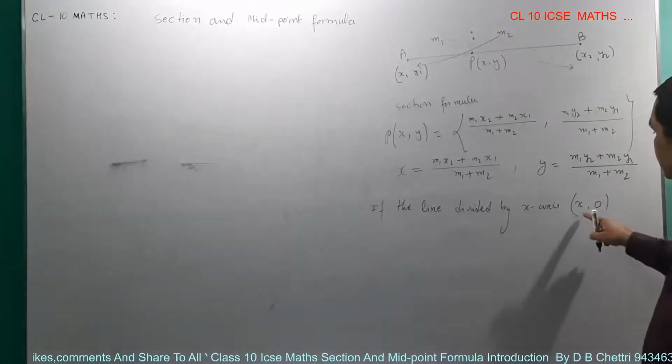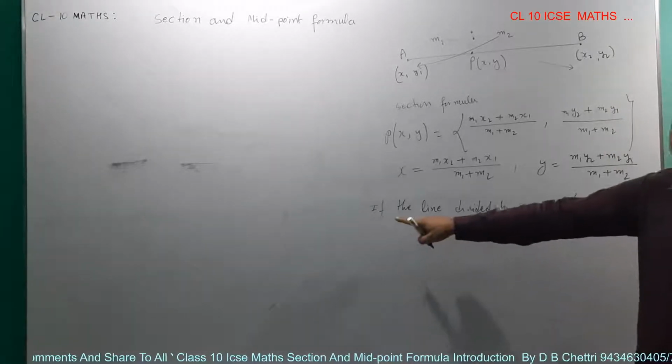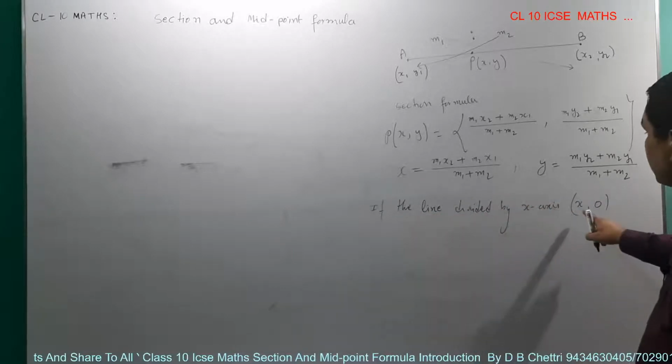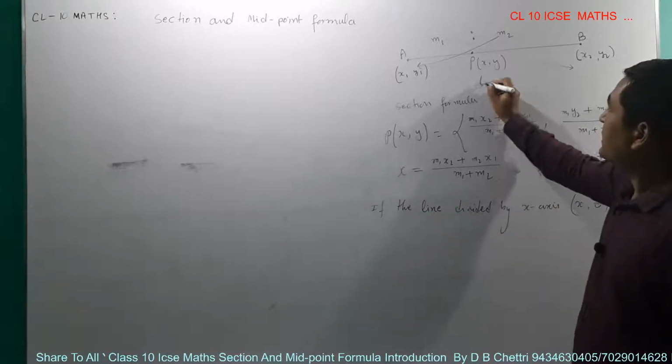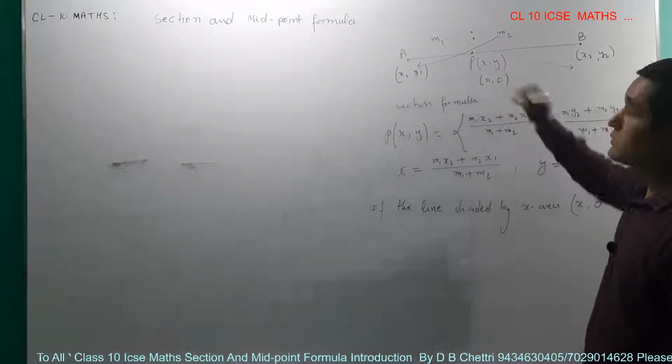And for that case, if the question is saying the line is divided by the x-axis, remember we have to write x comma 0 here. Okay, that means y is 0.